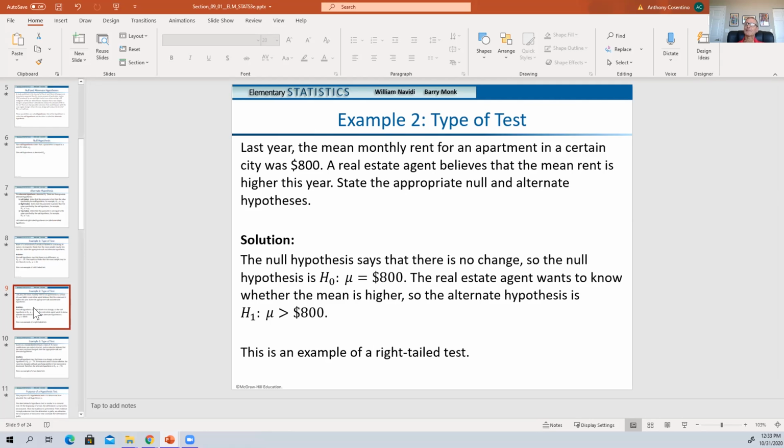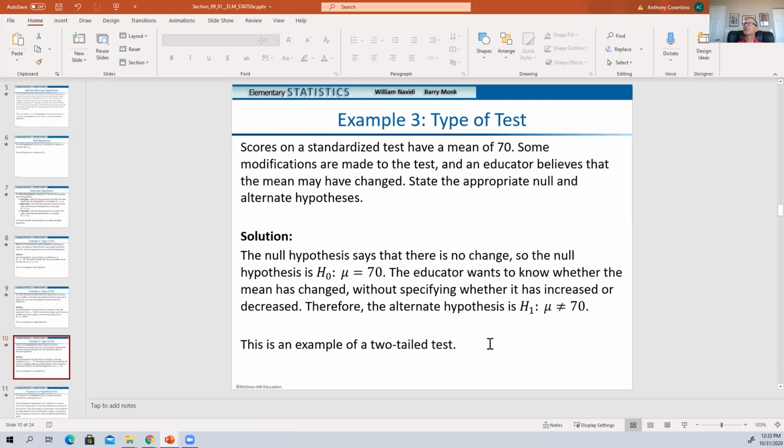Then if you have a situation where you're not sure, here we have a mean of 70 on a standardized test, and the educator believes that the mean has changed, but it doesn't indicate whether it has gone up or down. It's just not the same. In this case, that would be a two-tailed test. So you have to read the problem and deduce what kind of alternative hypothesis you have to set up.